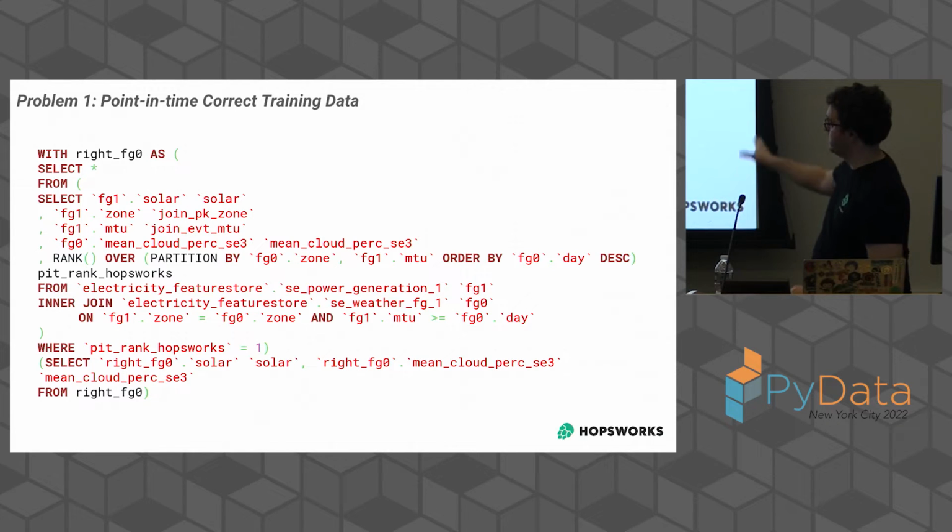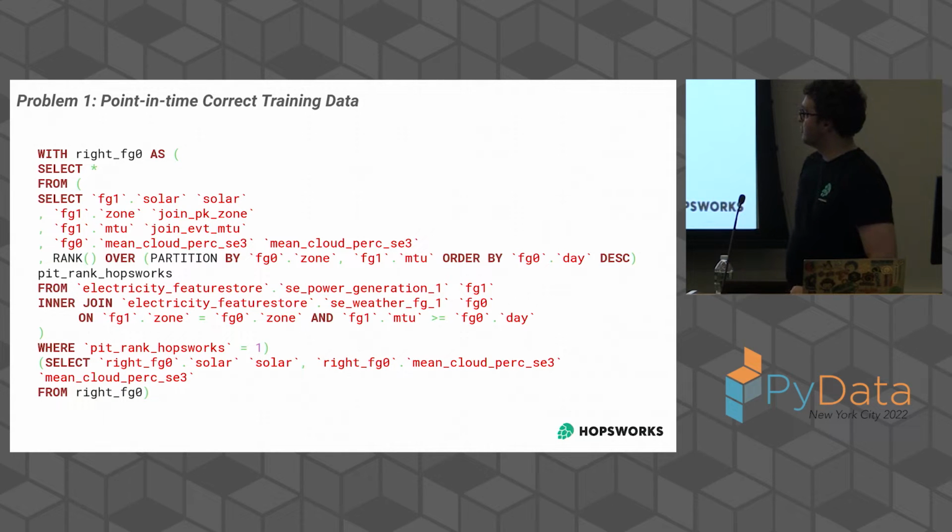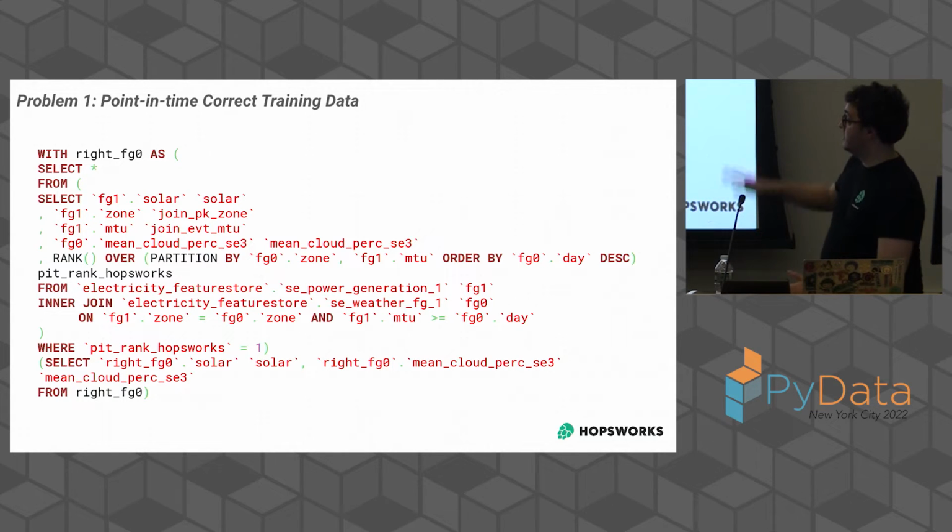It doesn't even fit on a slide, so it's not very clear. But this only covers the 2 features that we were looking at before, right? So actually the label and a single feature coming from 2 different feature groups. My model has a bunch more features coming from 5 different feature groups, so this query would be much bigger and much more cumbersome to write.